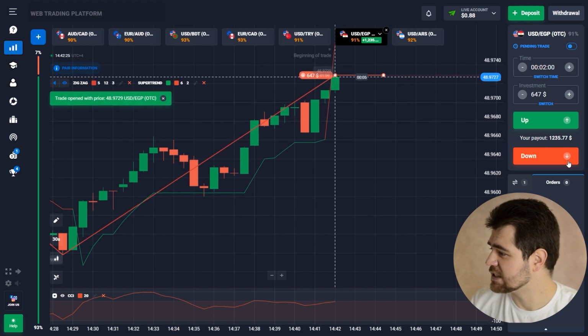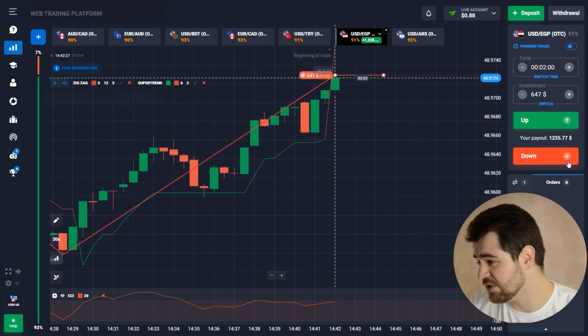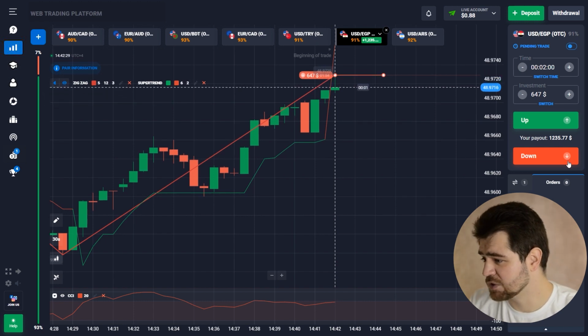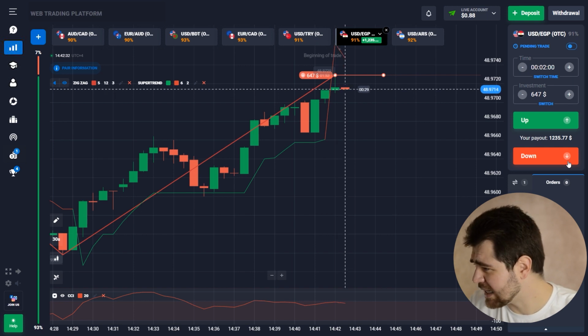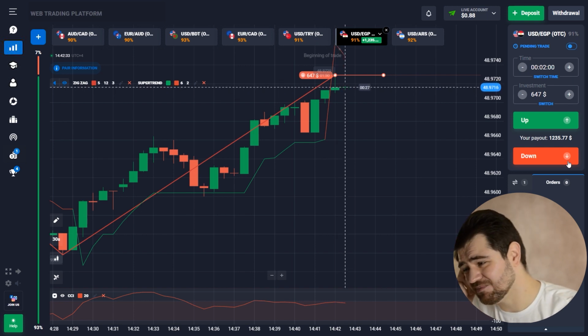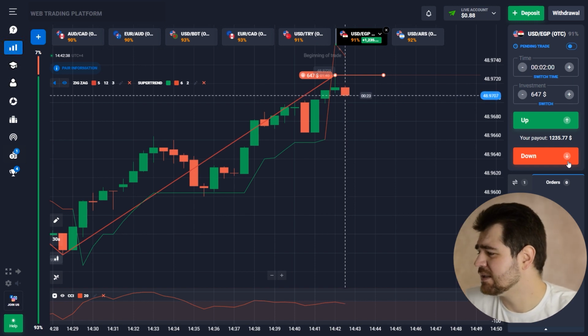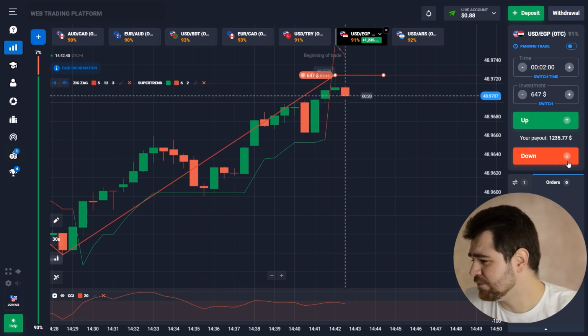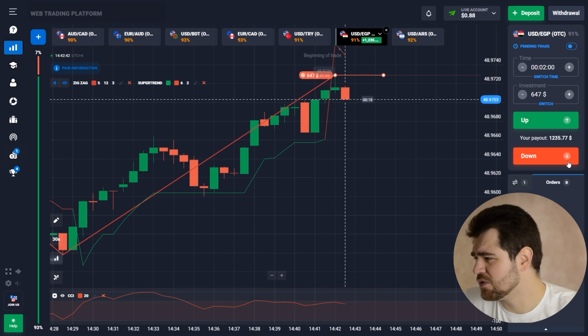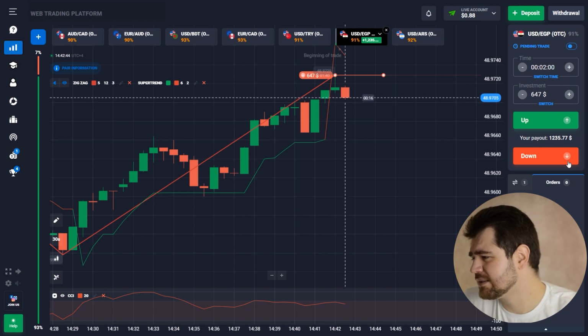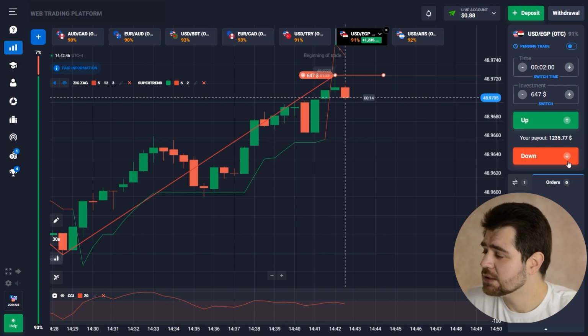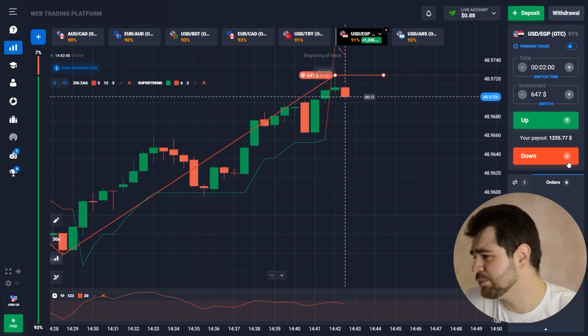Okay, so let's make this put option here. I'm going to explain. So we have quite a low activity of the buyer here at the top, kind of at the maximum. So we're likely to have the pullback here.